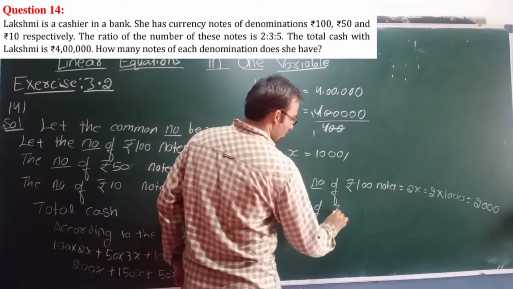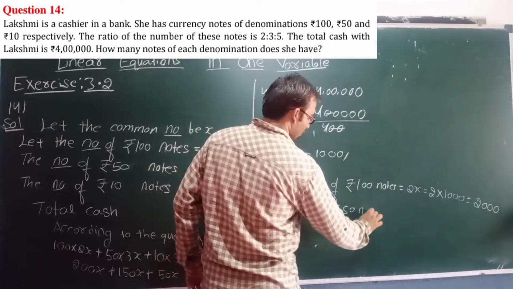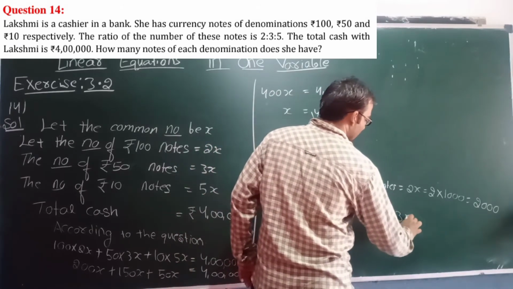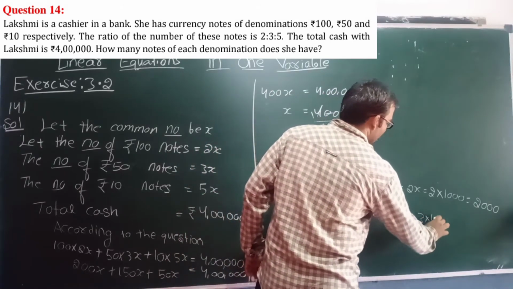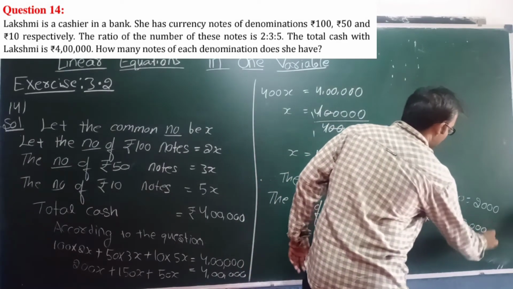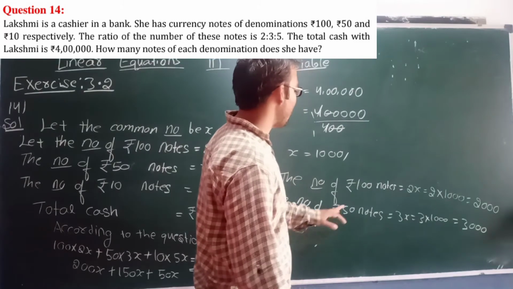So now the number of 50 rupee notes equals 3x, that is 3 into 1000, 3000. So here 50 rupees notes are how much? 3000.